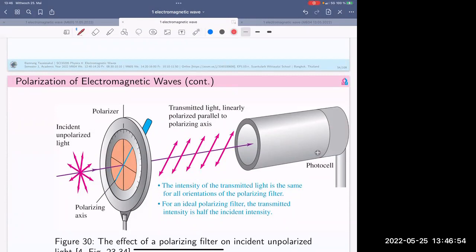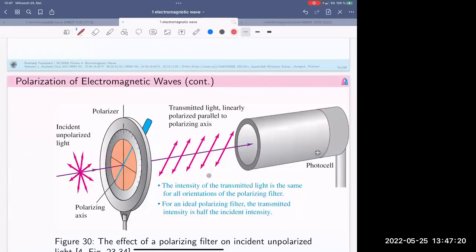The intensity of the transmitted light is the same for any orientation of the polarizing filter. Whether you leave the blue knob here, or up here, or right there, you will get the same amount of light intensity.